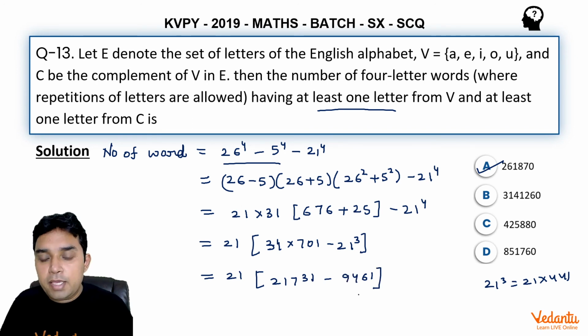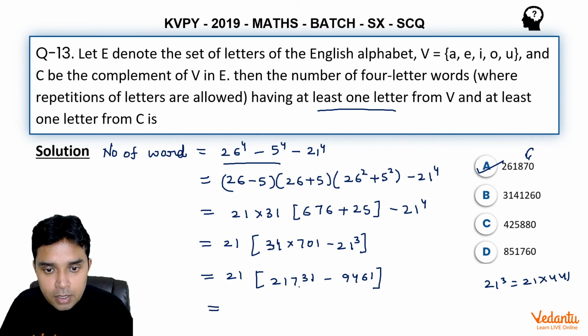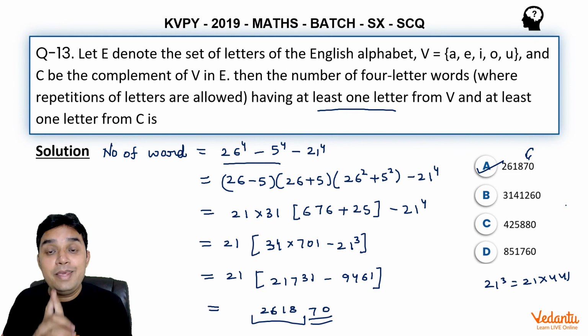Now, we can try to find the number at the tens place because it is different in all 4 options, and we can check it should be 13 minus 6, 7, 7 into 1, so the last 2 places should be 70. And you can verify that you are getting this to be 261870 only. So the answer for this question will be A.